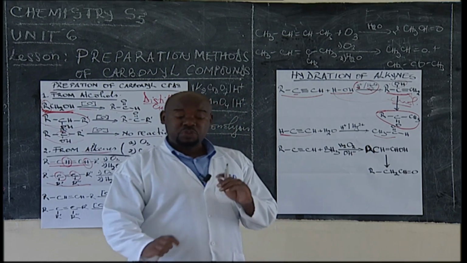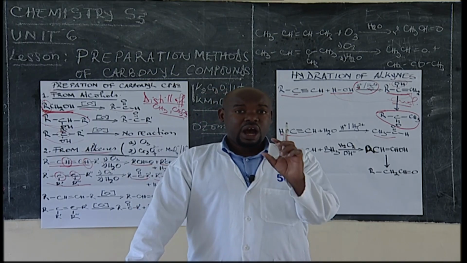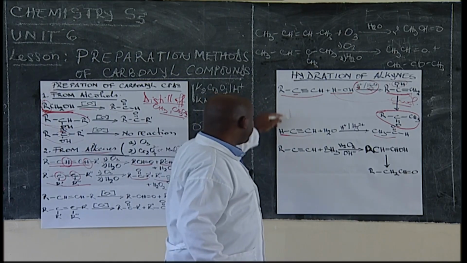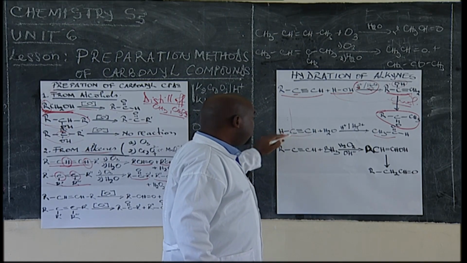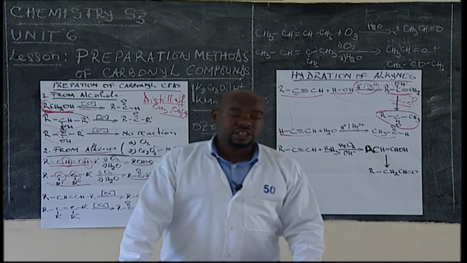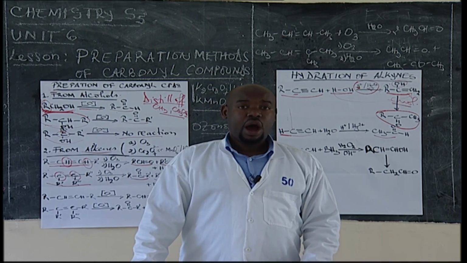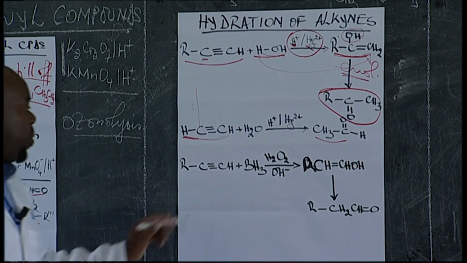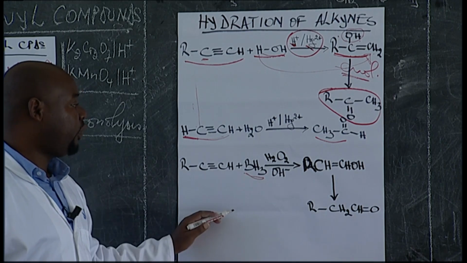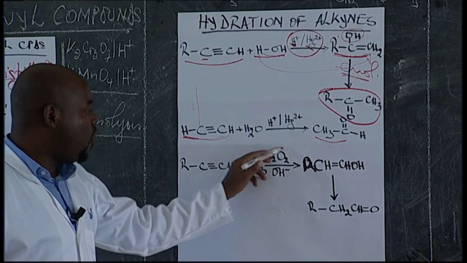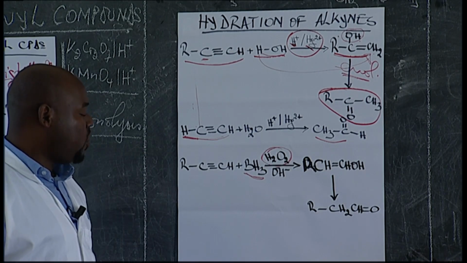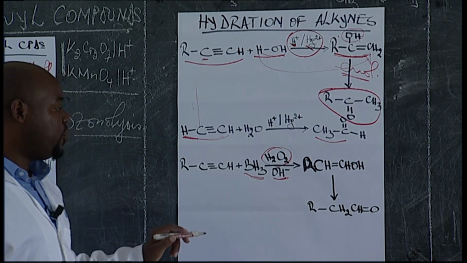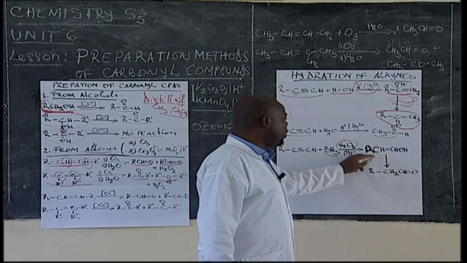There is also a possibility of carrying out an anti-Markovnikov addition. So what we are doing here is the Markovnikov addition. But do you remember in alkenes what we call hydration via hydroboration? Yes. We use borane, this one, in the presence of hydrogen peroxide, and in basic medium, what do we produce? We produce an anti-Markovnikov product.